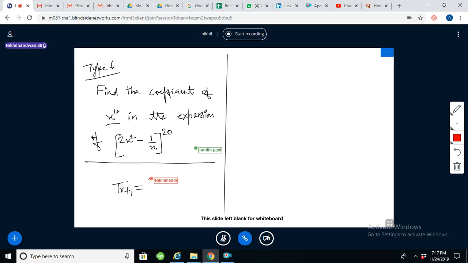What is the general term formula? The nCr, first term to the power of n minus r, and second term to the power of r. I'll just start directly, because if I write nCr, you'll get confused.